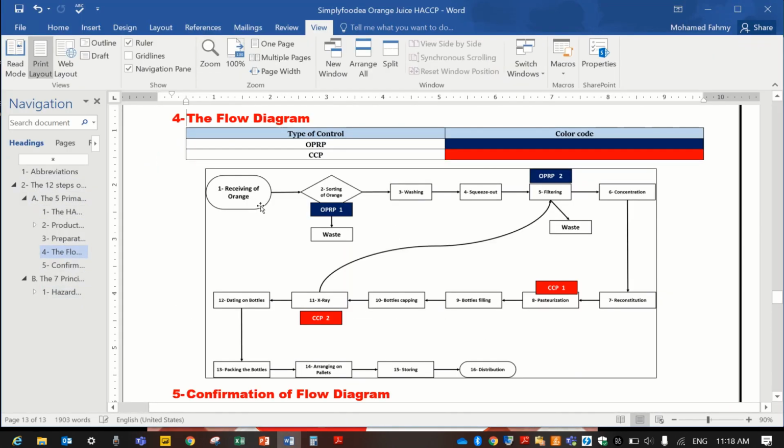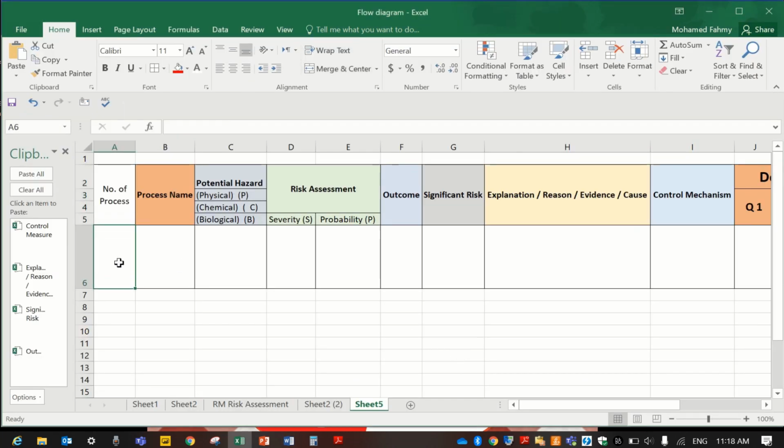As you can see here, it starts from 1 to 16. To ensure that you have mentioned all the flow diagram processes, it's better to enumerate your process steps and finally ensure that you have done risk assessment for each process. So we will start with process number 1.